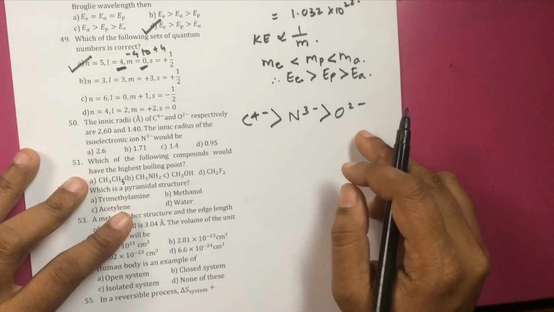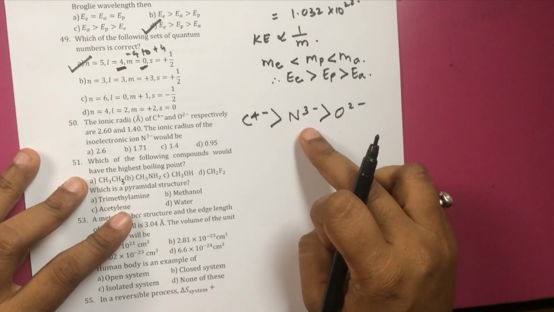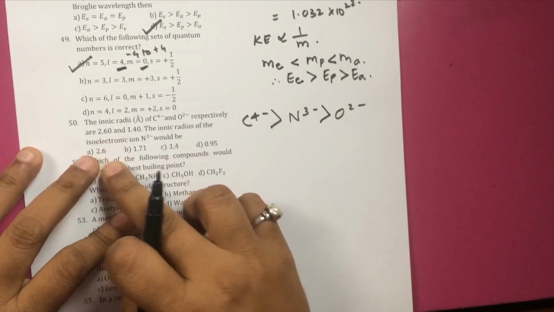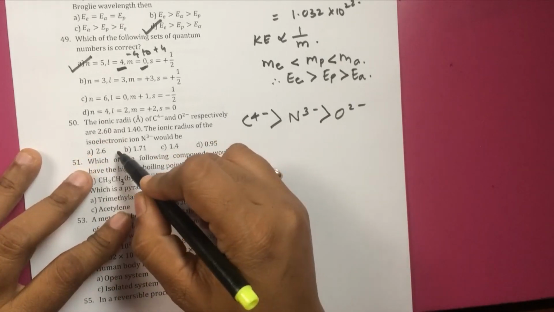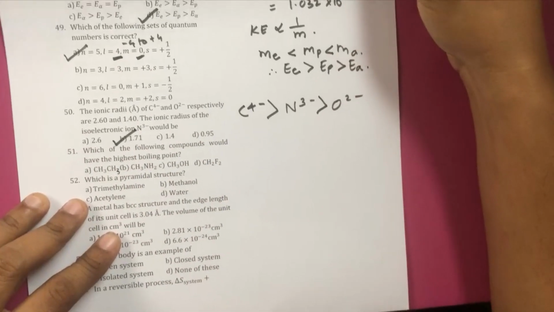Smallest size will be of oxygen and largest size will be of carbon. So nitrogen will be in the range in between them, that is between 2.6 and 1.4, that is 1.71. Option B.